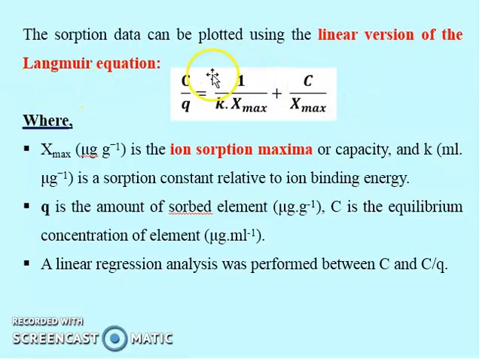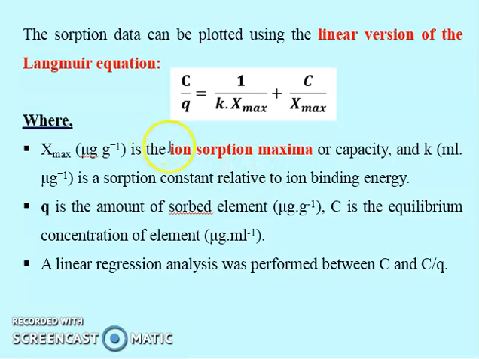This is the final version of Langmuir. C is the concentration at equilibrium. Q, as I told you, is the amount of adsorbed element on the adsorbent. 1 over K is a constant, the adsorption constant related to binding energy. X max is the maximum, and here it is very important to calculate X max.